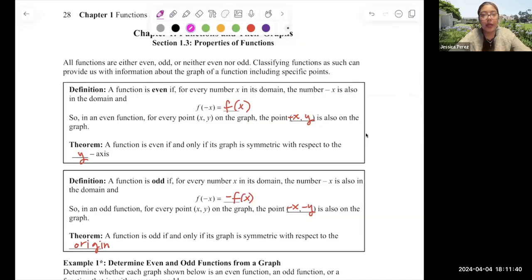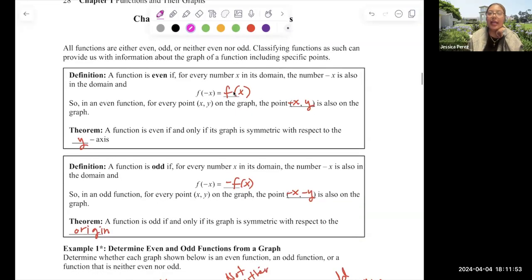Okay, so the definition, what does it mean to be an even function? An even function means, and we kind of discussed this already, for every number x in its domain, the number negative x is also in the domain. So if we have the value f of negative x, it should also equal the value of f of x. We're going to do an example of an even function.